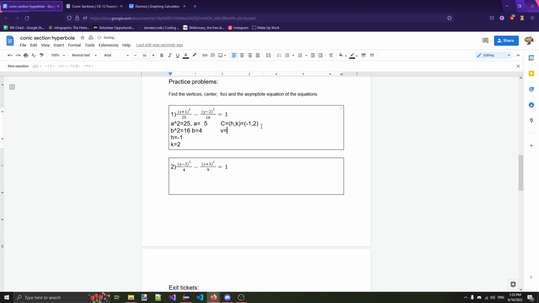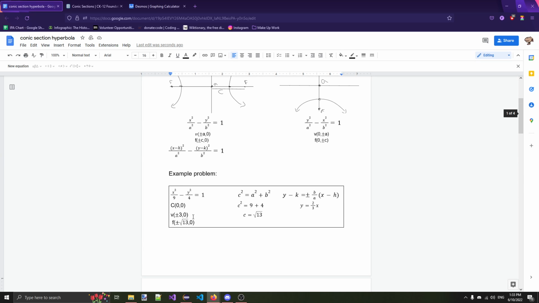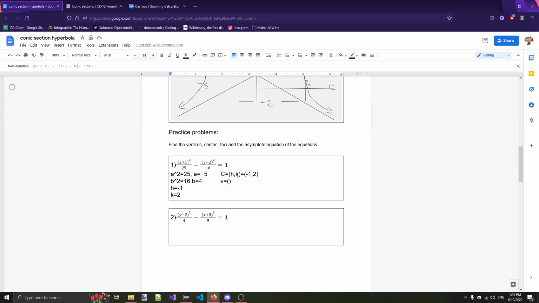So then what's v? Well, okay. I'm used to programming, can you tell? So, the vertices. What was the vertices? That's right. If we look up here, it was just plus or minus a. We already got a, which means the vertices are, if I can type, (5, 0), right?